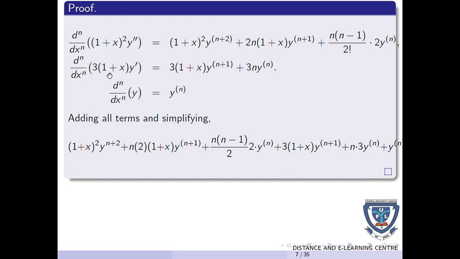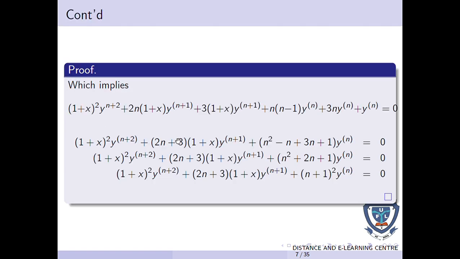Now you do the same thing for 3 in bracket (1 plus x) y prime. You are going to get this. You do the same thing for y, then you are going to get this. Adding all terms and simplifying, then you're going to have this long stretch of functions here.